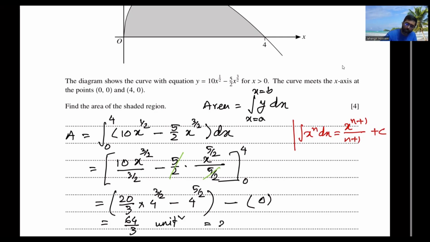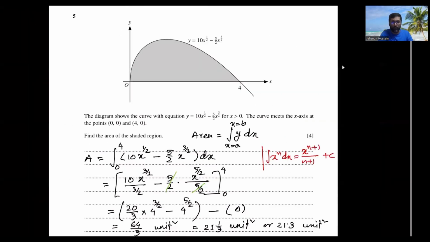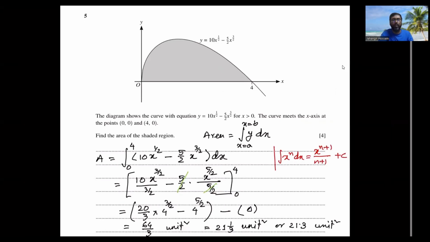You can write it as a mixed fraction, or write it in 3 significant figures, correct to 1 decimal. Okay, that's question number 5. Let's move on to question number 6 then.